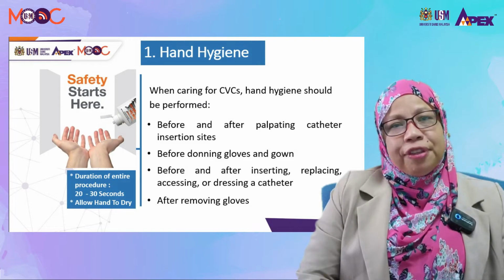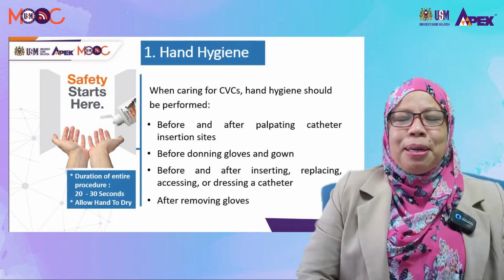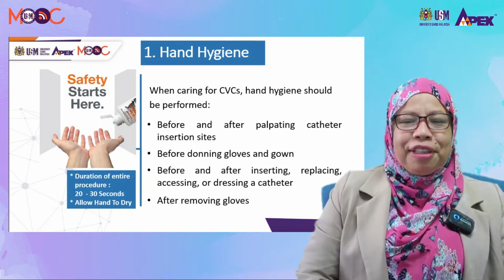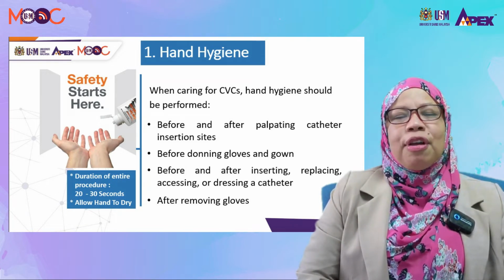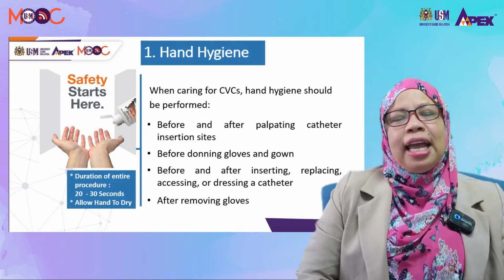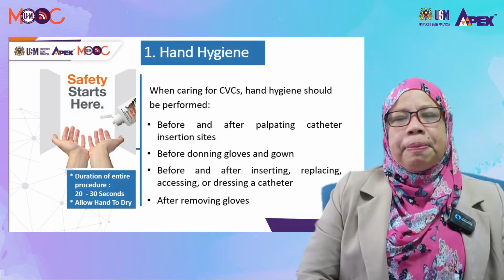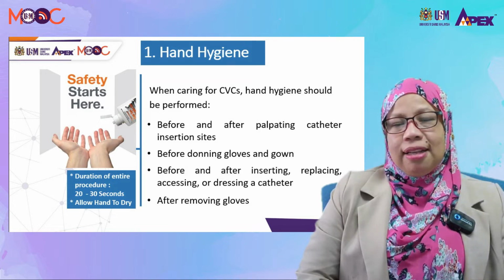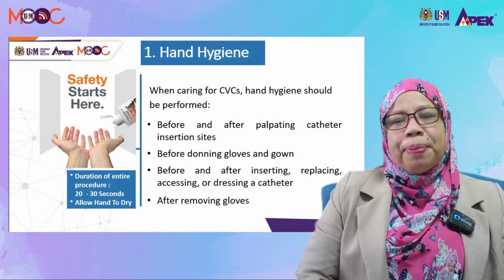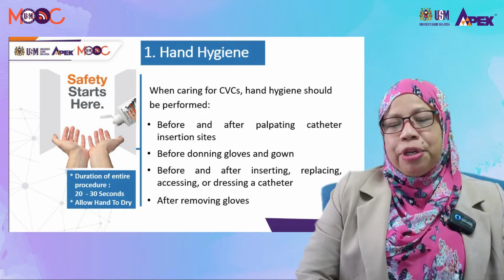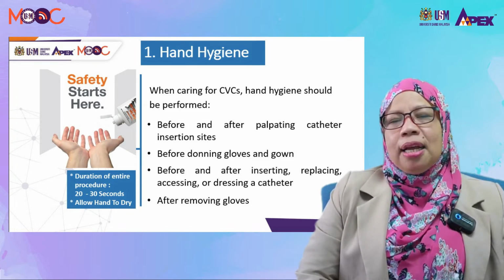Number 4, after removing the glove. This is the one that people always forget. After removing the glove, we should do hand hygiene also. In module 6, we have a proper hand hygiene module where everything can be learned.